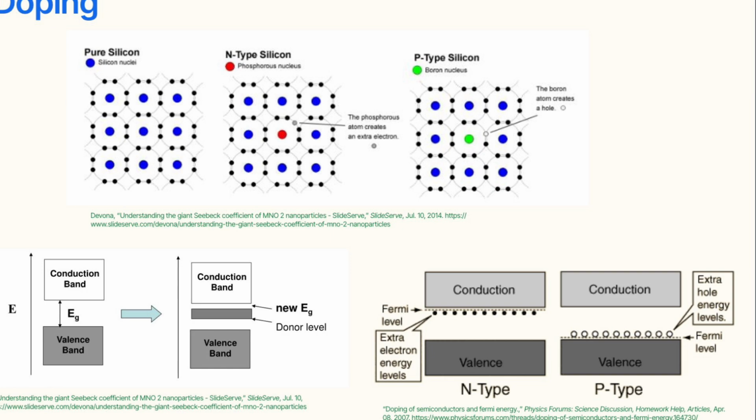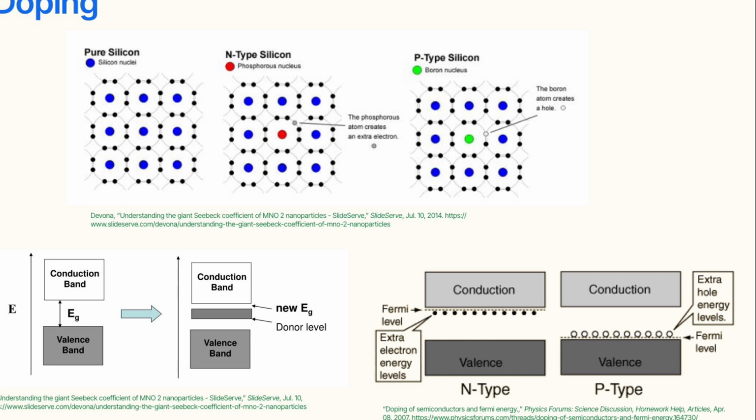In pure silicon, each valence electron is covalently bonded to those of another silicon atom and is therefore immobile. But if we were to replace one of those silicon atoms with a phosphorus atom with 5 valence electrons, then 4 of those electrons would be covalently bonded and 1 would remain free and able to move around as a mobile negative charge. The phosphorus would then become positively charged.